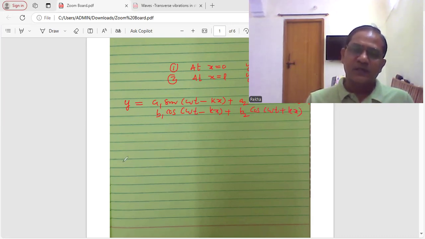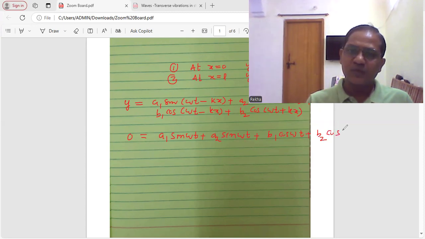In this, let us apply the first boundary condition: 0 is equal to A1 sin ωt plus A2 sin ωt plus B1 cos ωt plus B2 cos ωt.